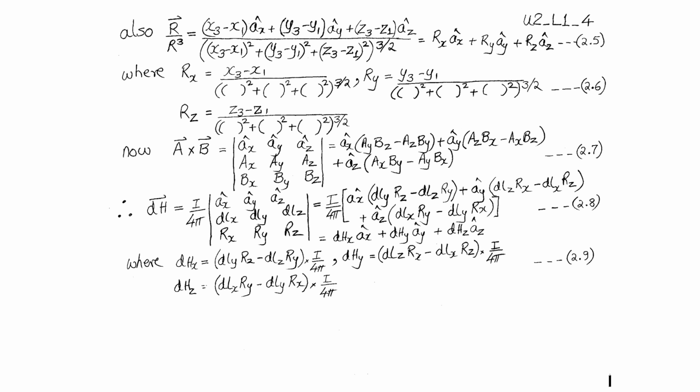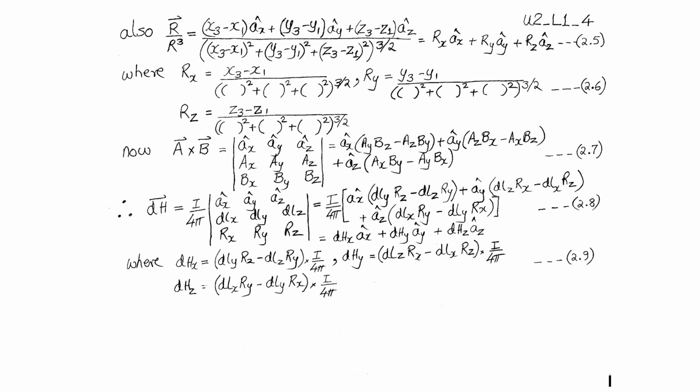Now the values of dHx, dHy and dHz are given in equation 2.9. dHx is (dly Rz minus dlz Ry) whole bracket into I by 4 pi. dHy is (dlz Rx minus dlx Rz) whole bracket into I by 4 pi.